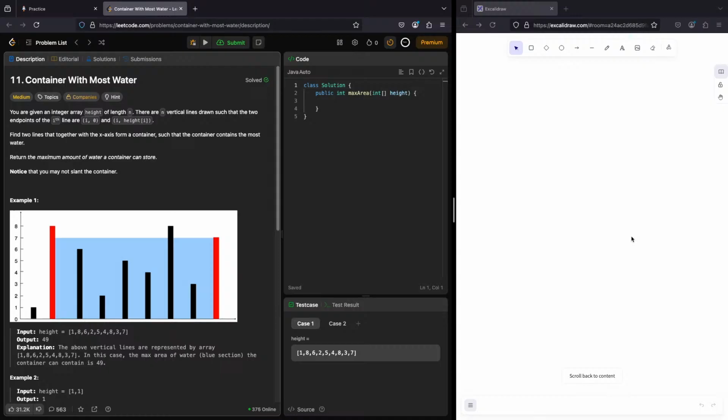You need to look left and right, and then based on that, you need to solve this.